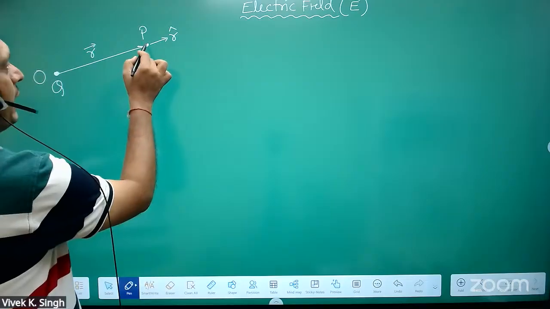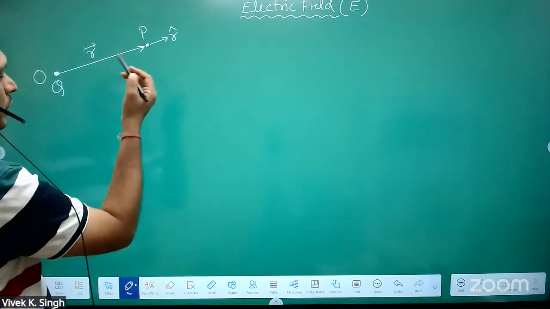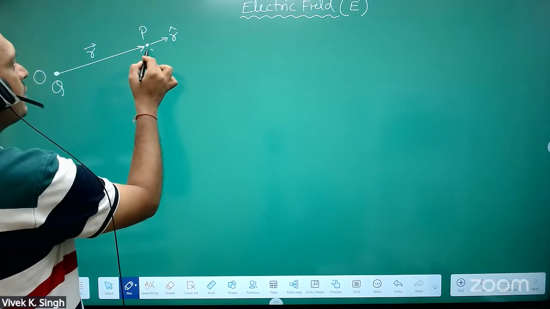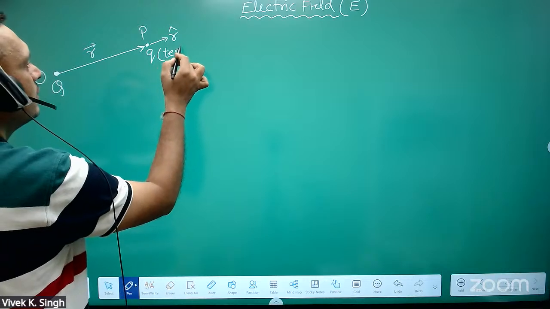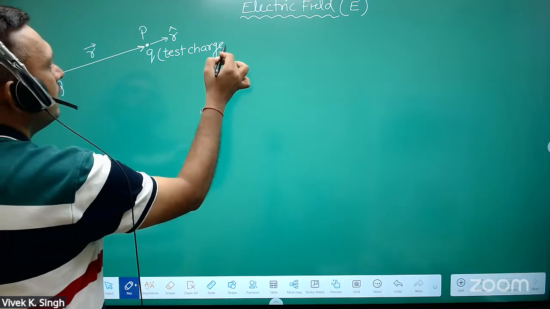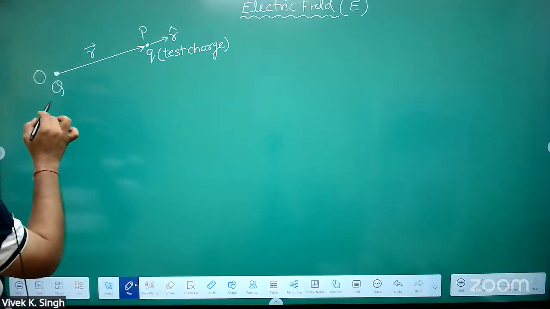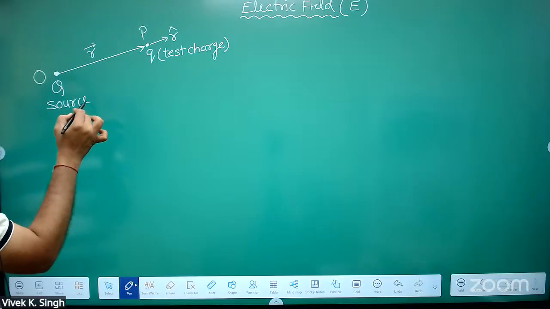We have to define electric field at point P. So you know that if there is a charge q, let's call this as a test charge. और इसको हम सोर्स चार्ज बोलते हैं. This is source charge.